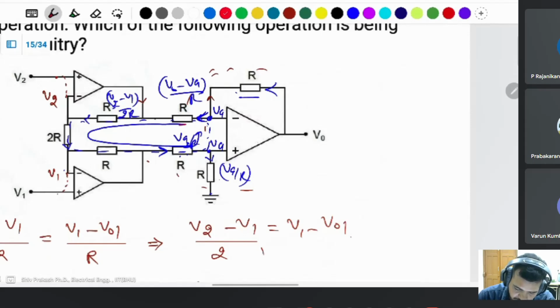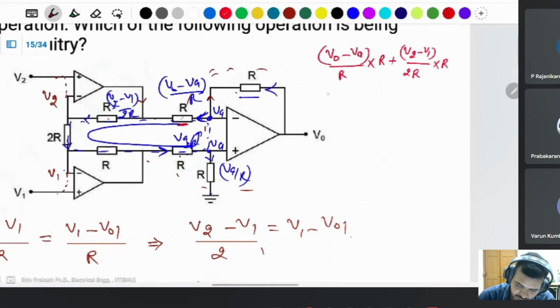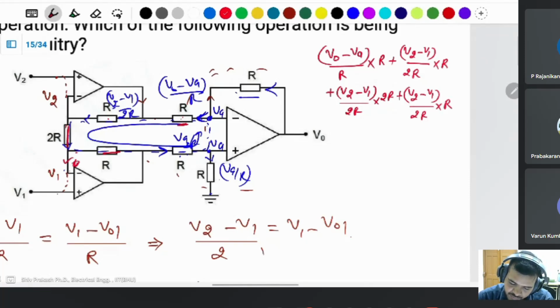This voltage drop is (V0 minus VA) divided by R into the resistance R, plus the current (V2 minus V1) divided by 2R into resistance R, plus the voltage drop V2 minus V1, then the same current (V2 minus V1) divided by 2R into 2R, plus this voltage drop V2 minus V1, same current flowing through it, because there is no current flowing through here, 0 into R, plus this voltage drop, plus VA is equal to 0.